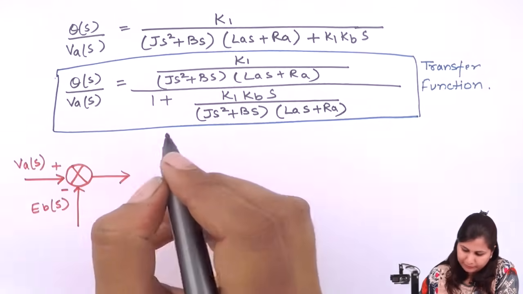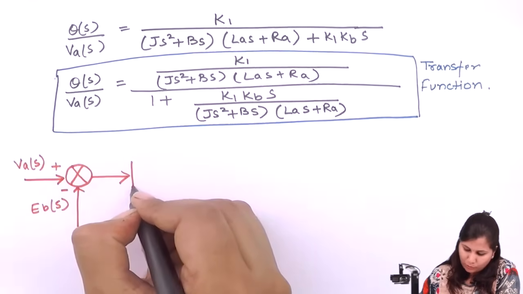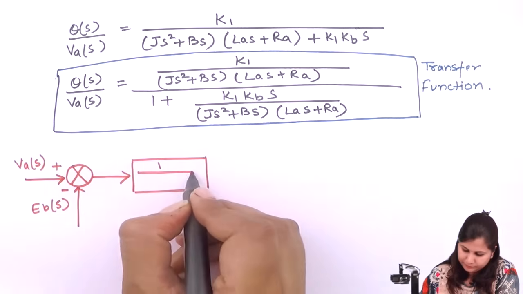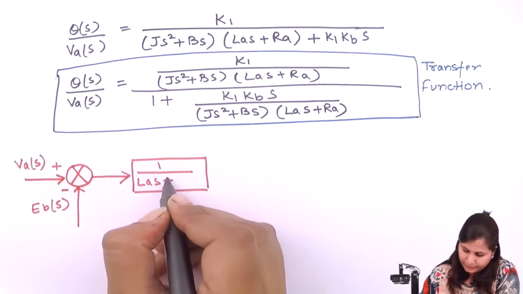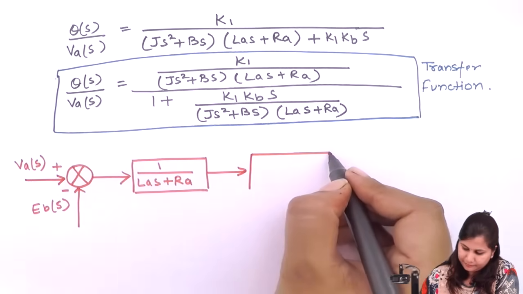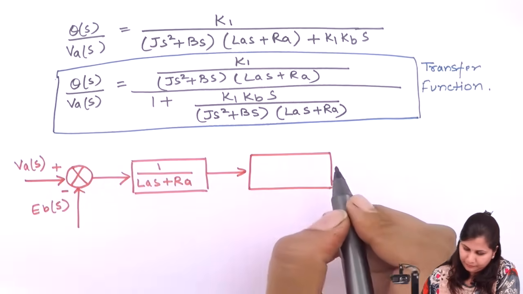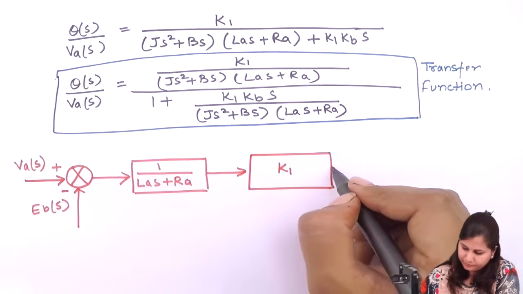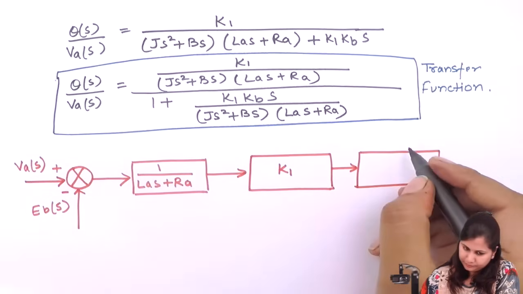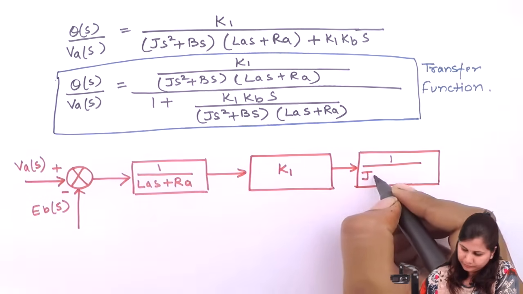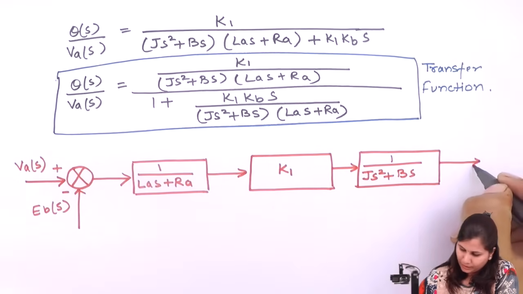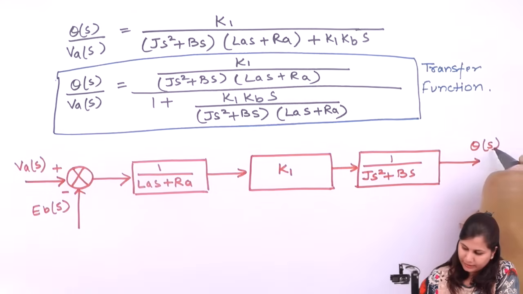Now this is multiplied with 1 upon LAS plus RA. Then we have K1, and our output is theta S.